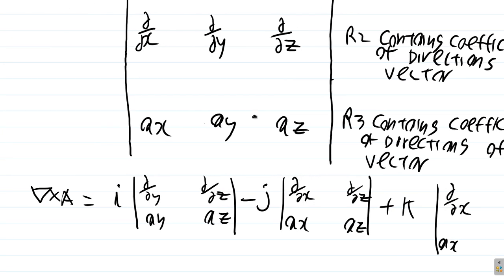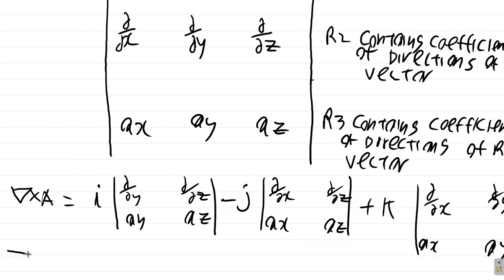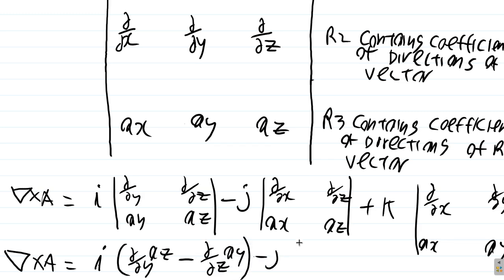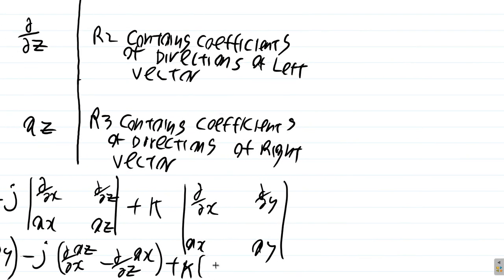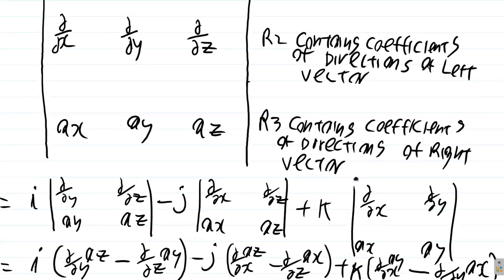So here now, we run out of scrolling space. But anyway, del cross A is going to be i times delta by delta y of Az minus delta by delta z of Ay, minus j times delta by delta x of Az minus delta by delta z of Ax, plus k times delta by delta x of Ay minus delta by delta y of Ax.